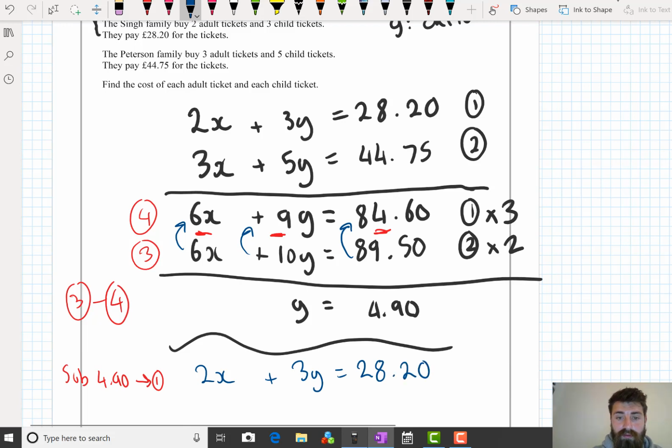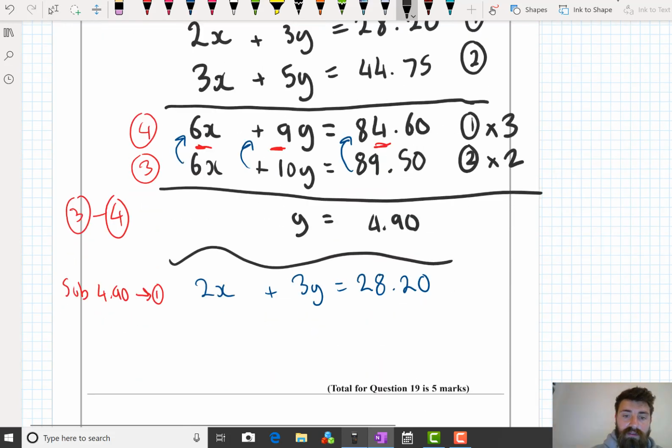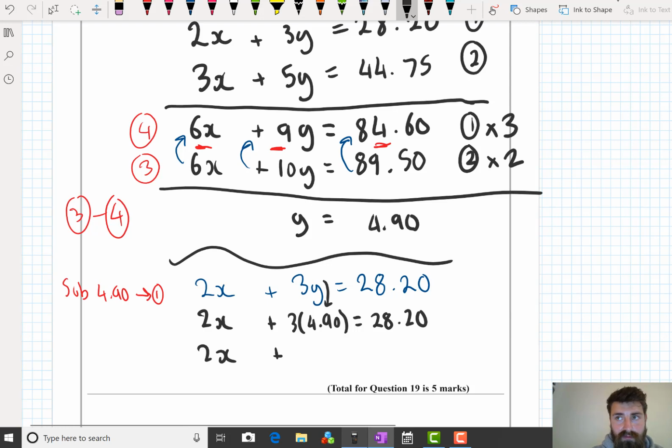Back to black, yes. 2x plus 3 times, I'm going to put it here, just one more line to make it super crystal clear. Put in y as £4.90 into there. 2x plus 3 times 4.90 is £14.70, equals 28.20, and then I'm going to solve it. So subtract the £14.70 from both sides.